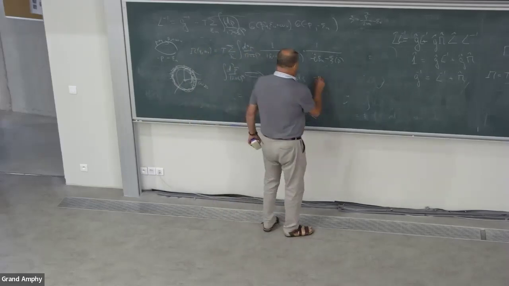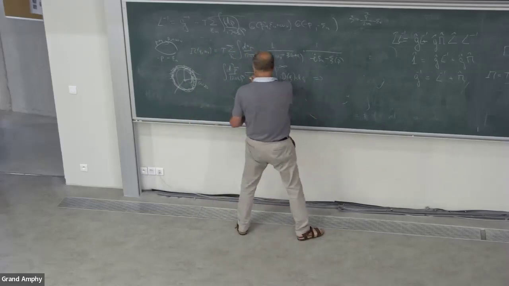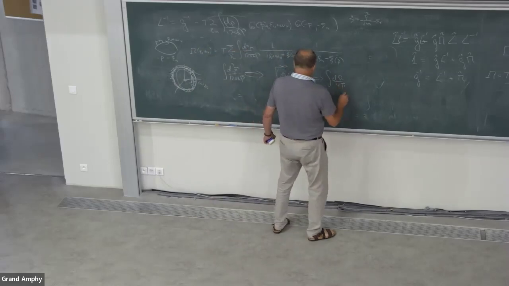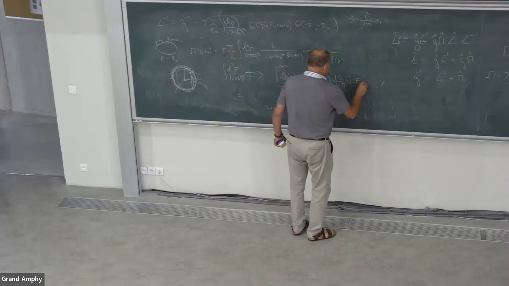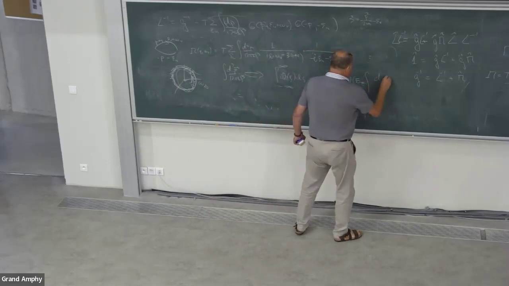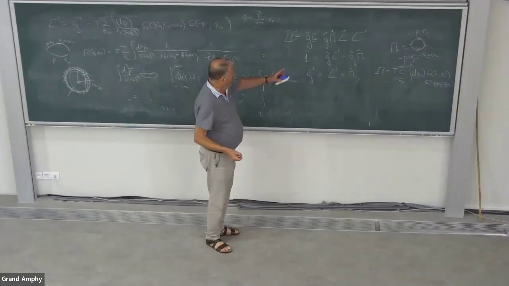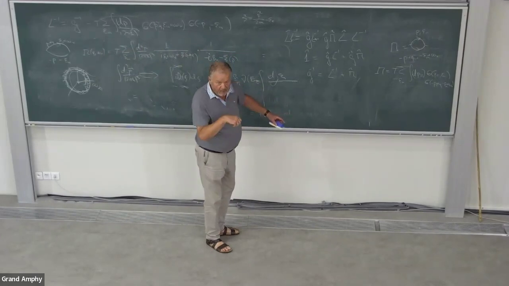And so this integral will be the integral d omega over 4 pi, mu of epsilon Fermi, integral d psi, and what in the denominator? My Green functions.